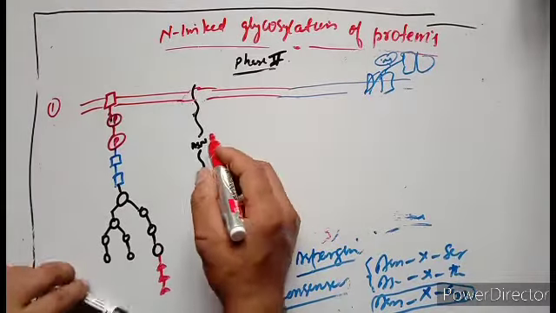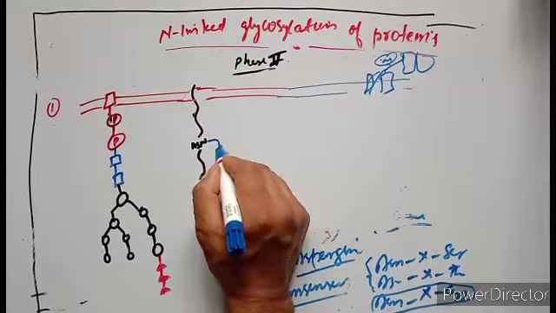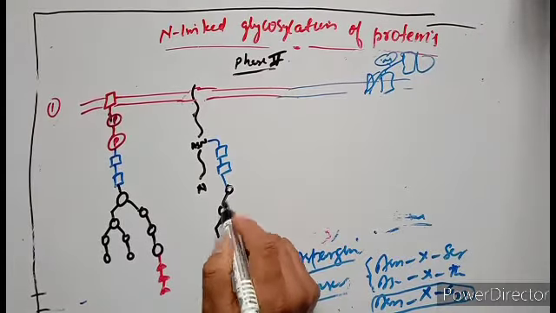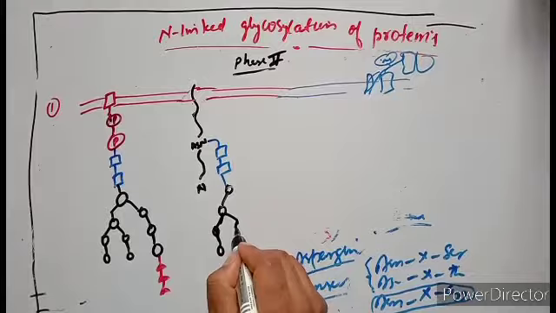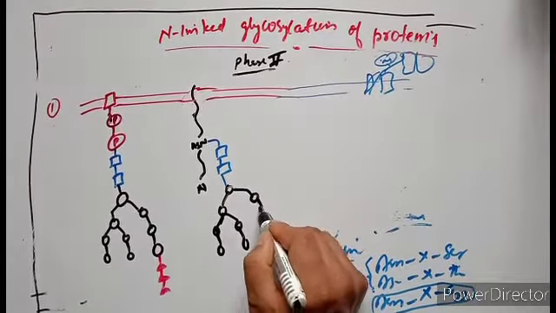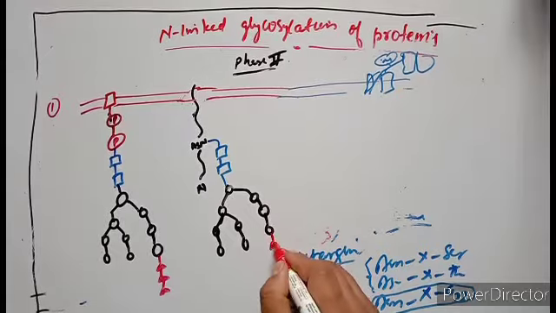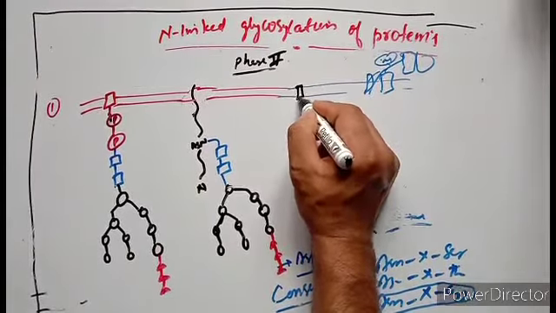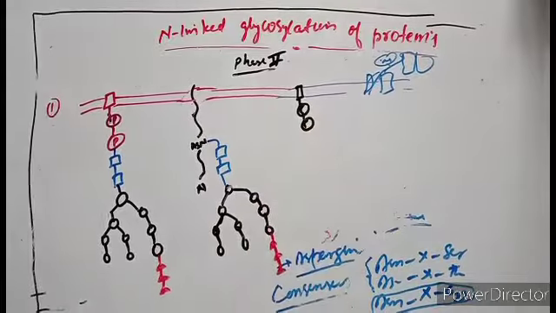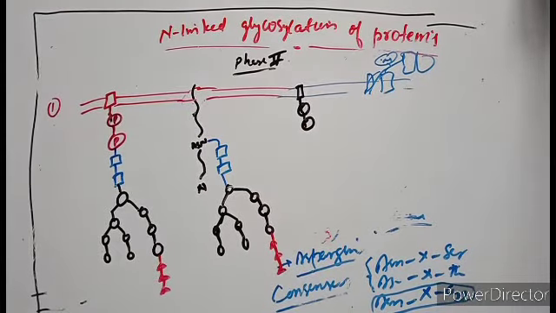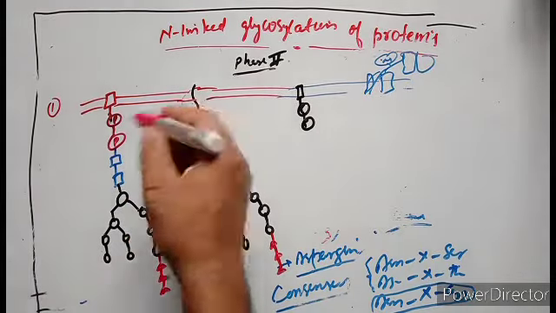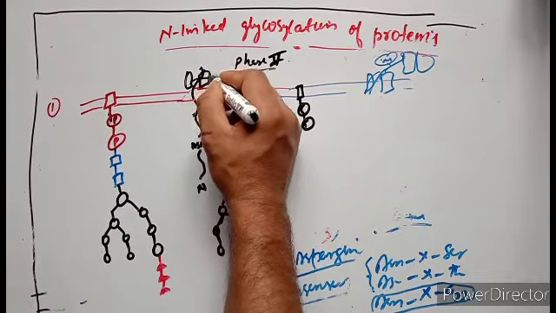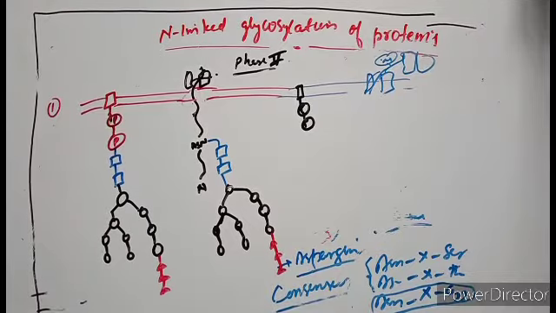So now the oligosaccharide is transferred to the protein residue, which is still being translated from the ribosome.